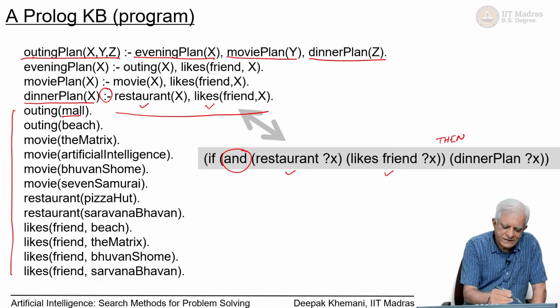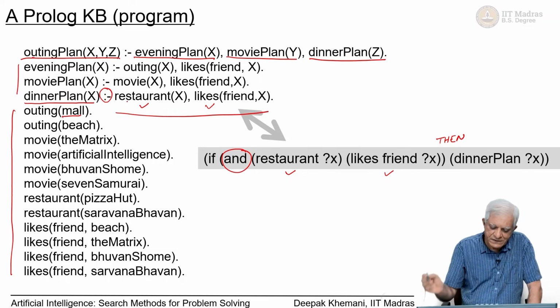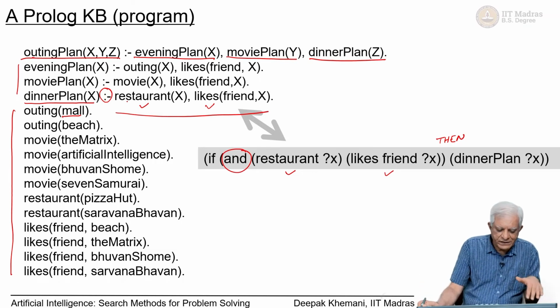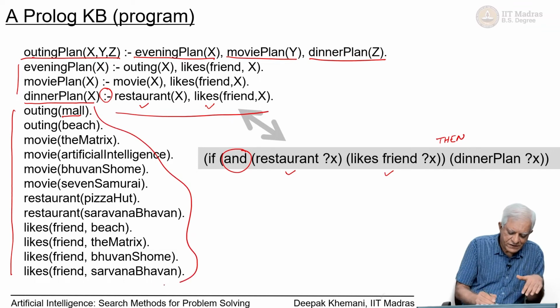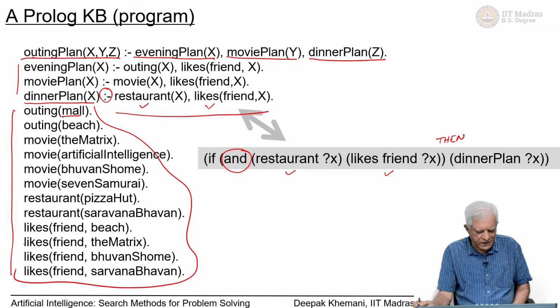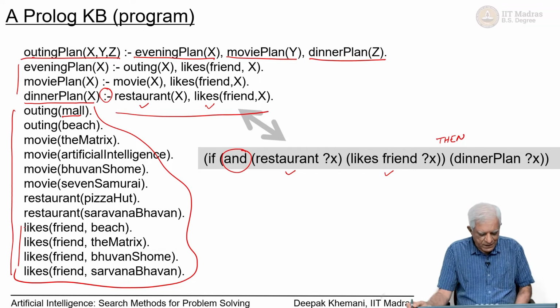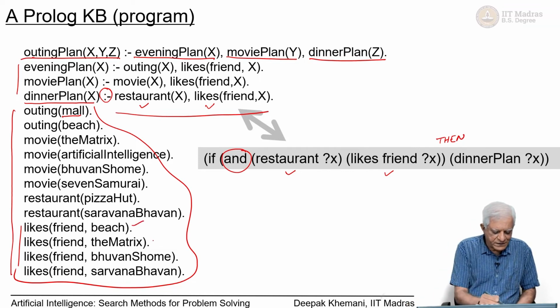Then for each of these evening plan, movie plan, and dinner plan, we had these rules that it must be an outing or a movie or a restaurant, and also that your friend must like X, and the rest of the stuff is what is given to you as facts essentially, that these are the movies, these are the outings, and so on and so forth, and what all your friend likes. So, your friend likes the beach, the Matrix, Bhuvan Shom, Saravana Bhuvan.